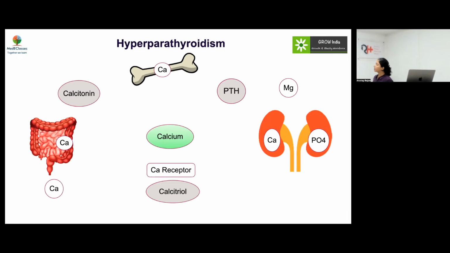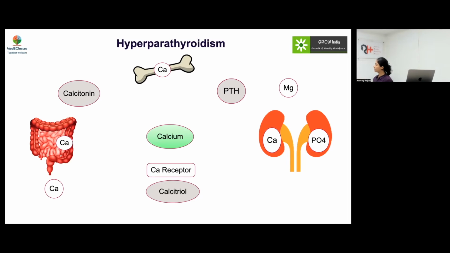Hyperparathyroidism basically acts at multiple levels to increase the blood calcium levels. From the bone, it will cause increased bone turnover, thereby increasing the serum calcium levels.